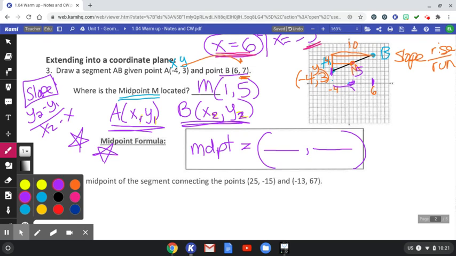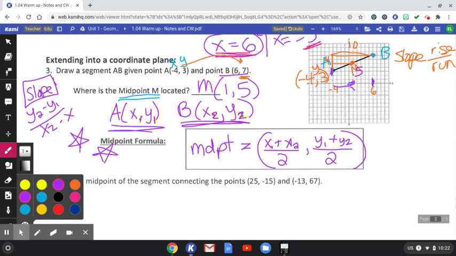We went over 5 boxes from negative 4. So how to find an average, just like your other classes, you add your values and divide by how many values you have. So your formula is going to read x1 plus x2 all over 2. And for the y values, you take y1 plus y2 and divide by 2.